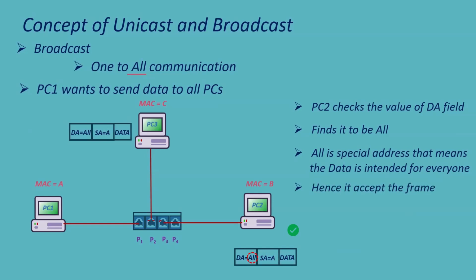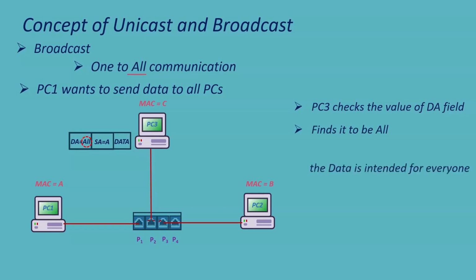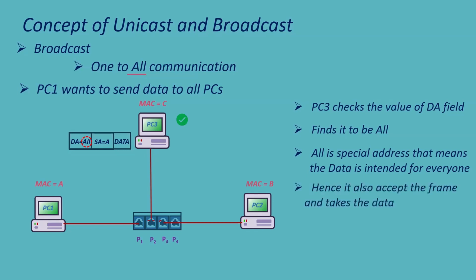That is the reason it accepts it. Similarly, PC3 also looks at the destination address field, finds it to be all. And again, all is for everyone, including C. So MAC address C is a subset of all. It comes under all. That's why it says, hence it is intended for me also, so I will also accept it. So this is what is known as broadcast communication.